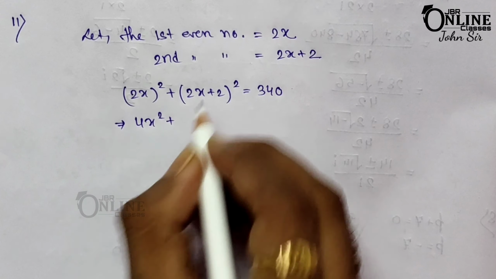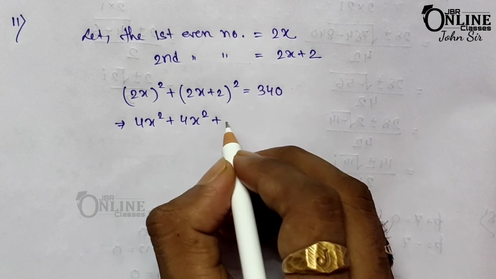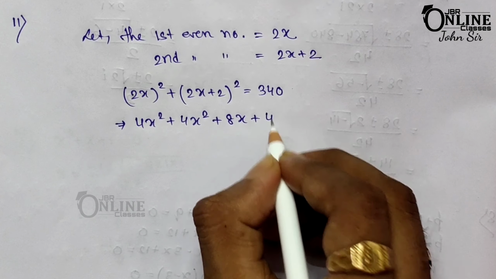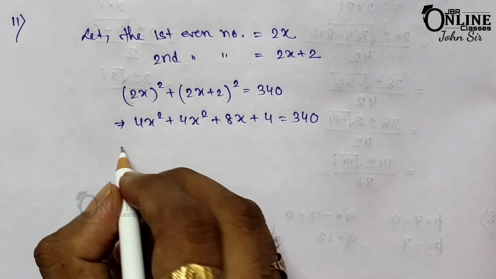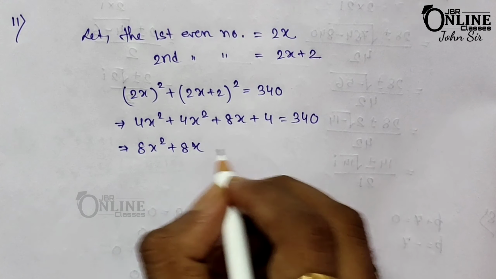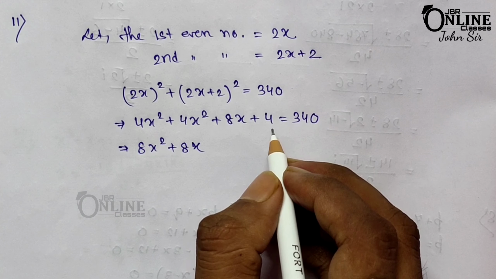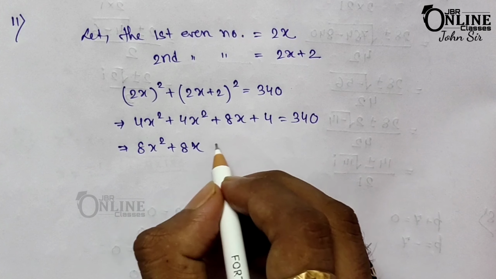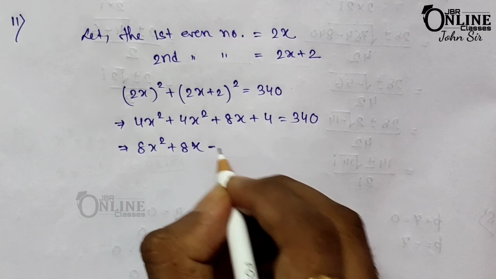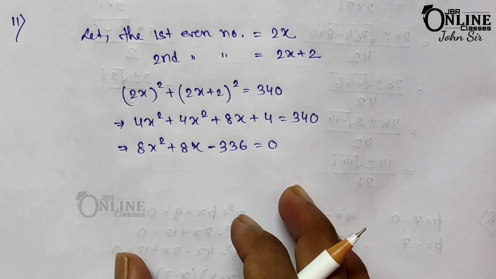So 4x square, and here the (a plus b) whole square formula applies. So here also 4x square, then 2 into 4, that means 8x, plus 4, equals 340. So here 8x square plus 8x, and as here 340, 340 minus 4 becomes 336, equals 0.